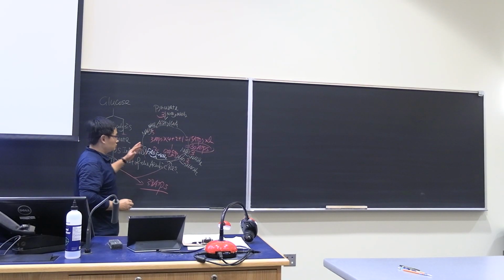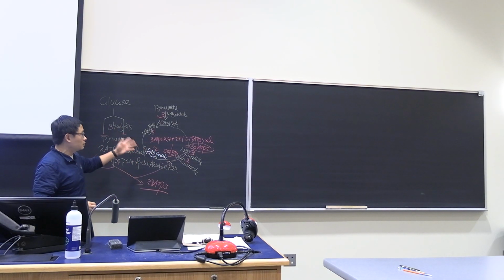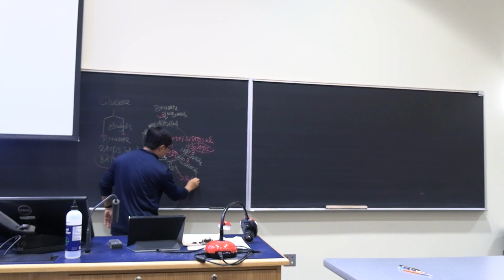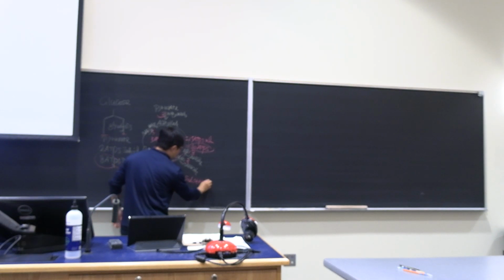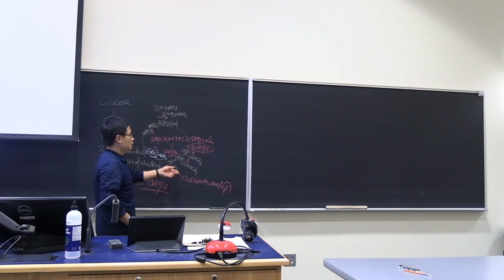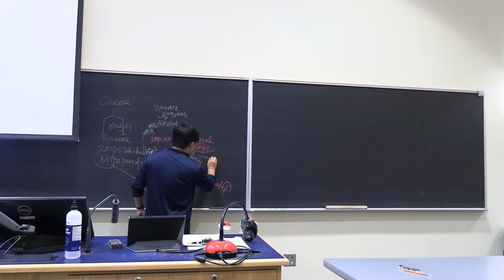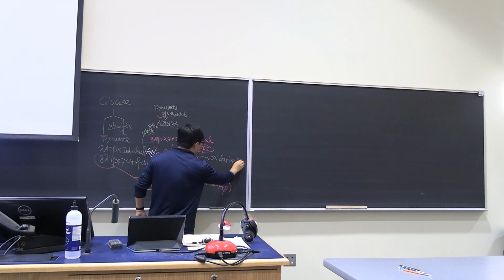Then we wanted to talk a little bit more about how the ATP is created. This is called substrate level phosphorylation. But the majority of the ATP created here is related to NAD and FAD, and we call it oxidative phosphorylation.